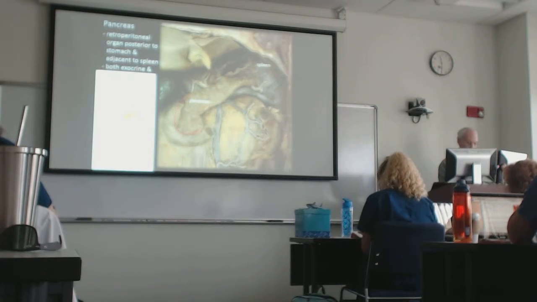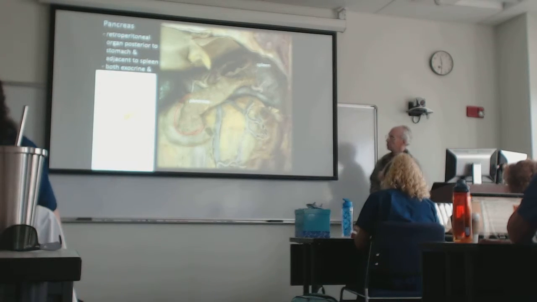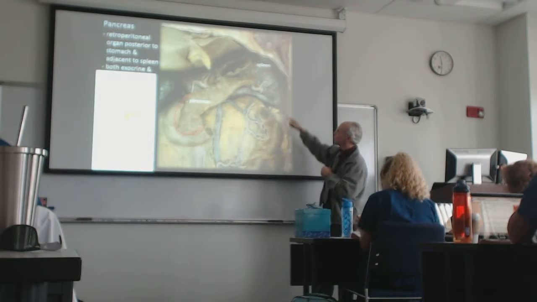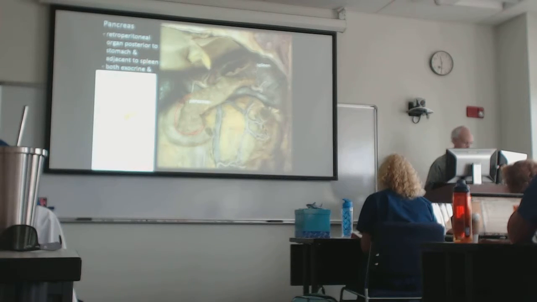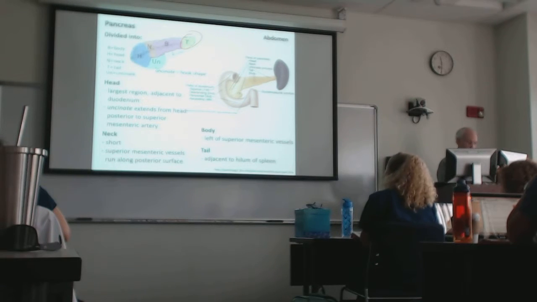Its head, the region called the uncinate, is nestled in the arms of the duodenum, and its tail is pointing at the spleen. Running through or proximal to that are the splenic artery and the pancreatic duct.